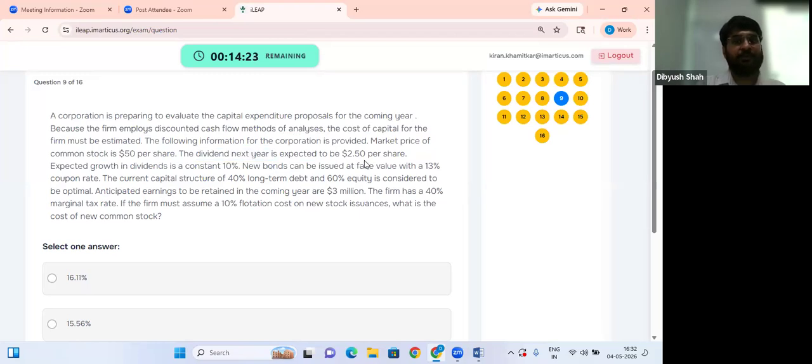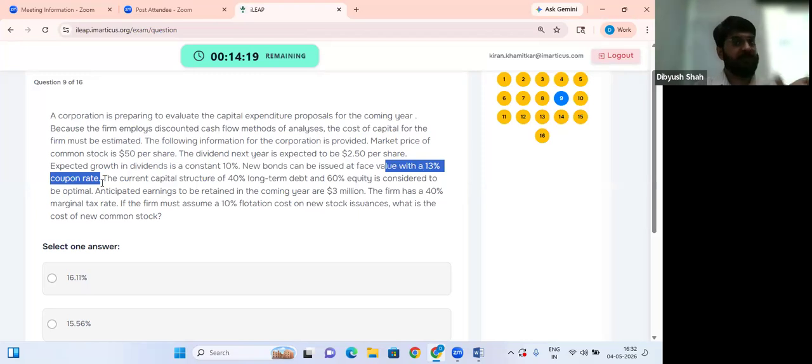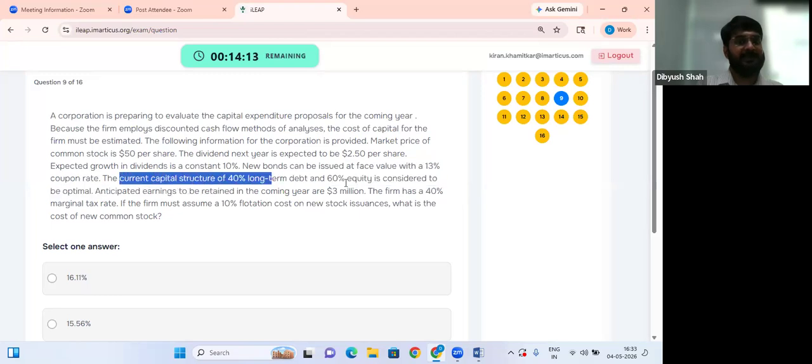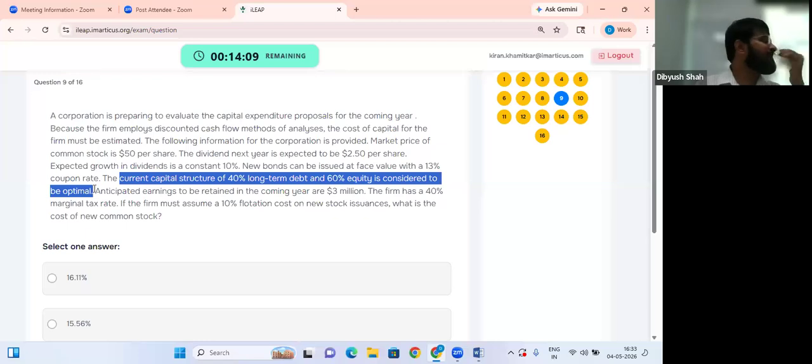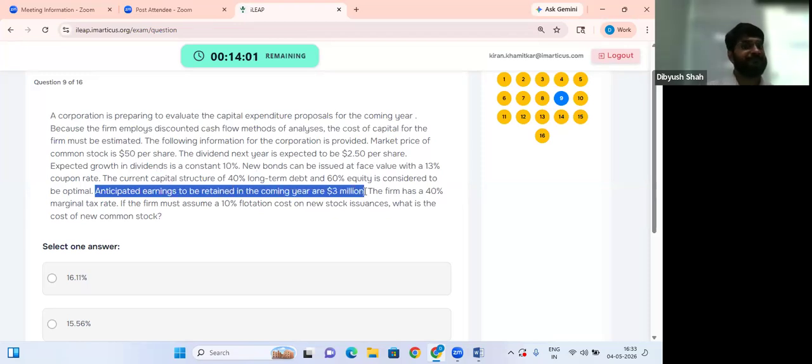New bonds can be issued at face value with 13%. This is your cost of debt, pre-tax. Current capital structure is what? 40% debt and 60% equity. This is optimal, so you will continue with this only. What is anticipated earnings? Okay, retained earnings are 3 million, 30 lakh dollars.